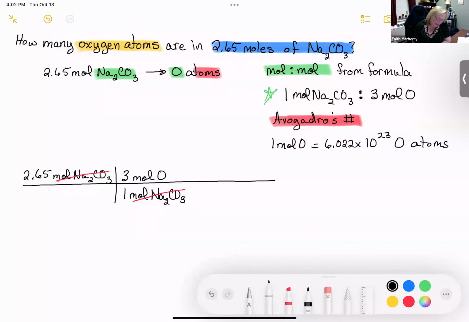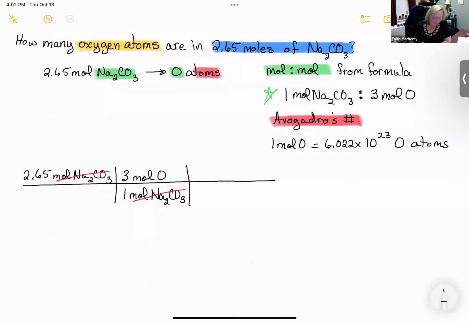Now, I have moles of O left over, so I need another conversion factor, and that's where Avogadro's number is going to come in. I have moles of O in the numerator, so I need moles of O in the denominator. That means the other half of Avogadro's number has got to go into the numerator.